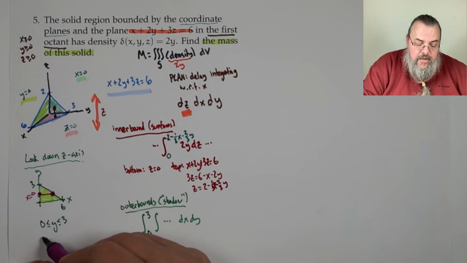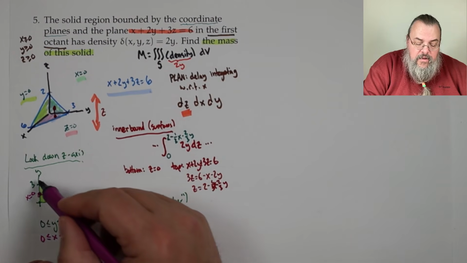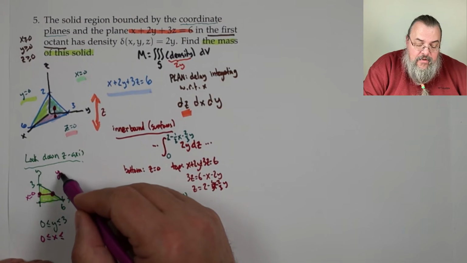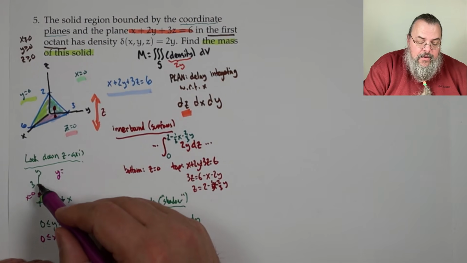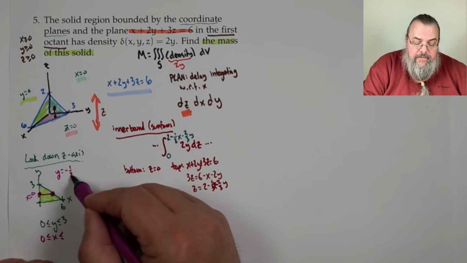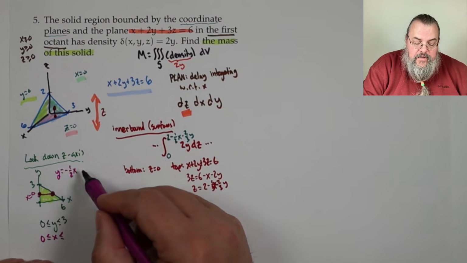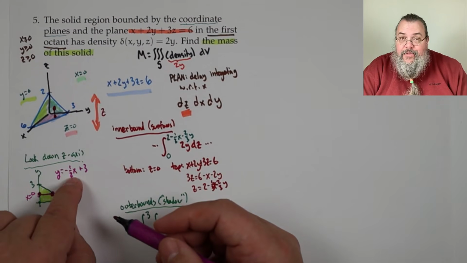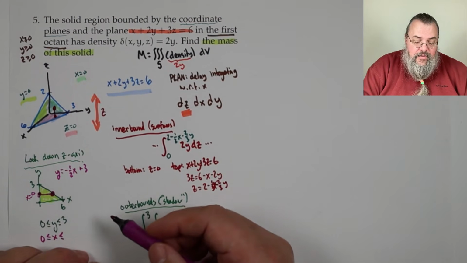So we get 0 less than or equal to x, less than or equal to the line. For the line, it's probably easier to start with slope-intercept form. Down 3 over 6, the slope is minus a half, and the y-intercept is 3. But the problem is this is a y equals. We need an x equals.